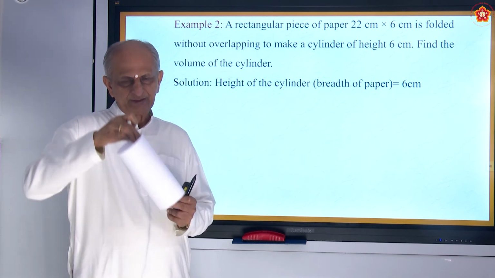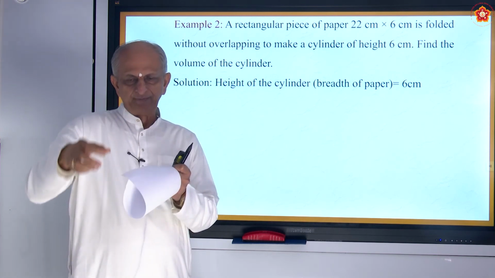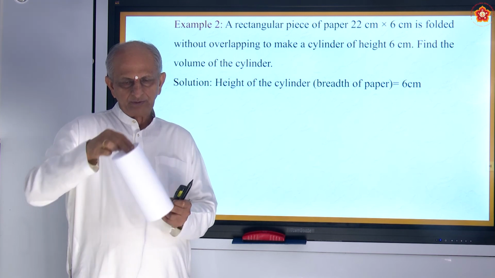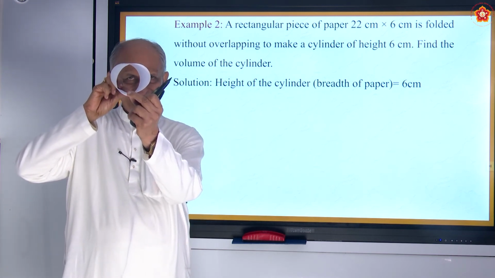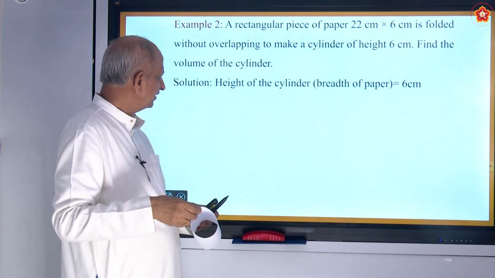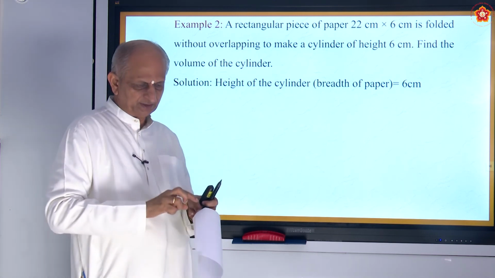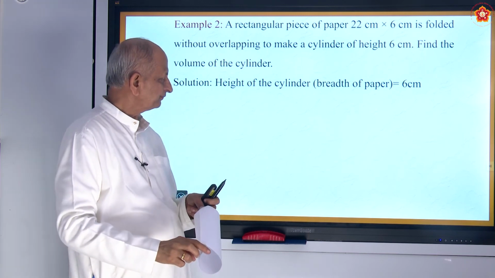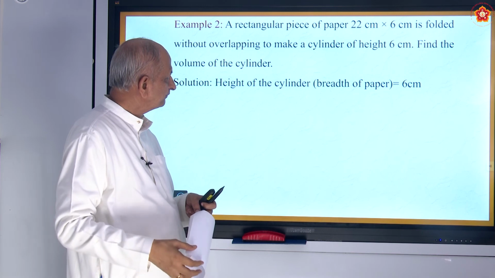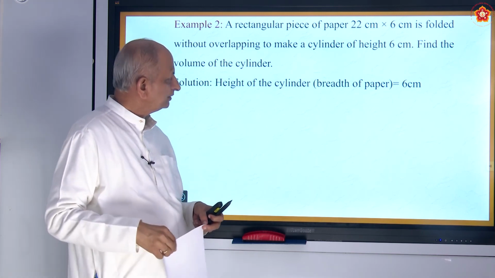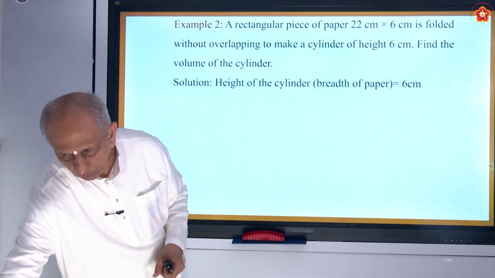So it takes the form of a cylinder. Right? The breadth is given to be 6 centimeters. The breadth of the rectangle is equal to the height of the cylinder, and the length is 22.